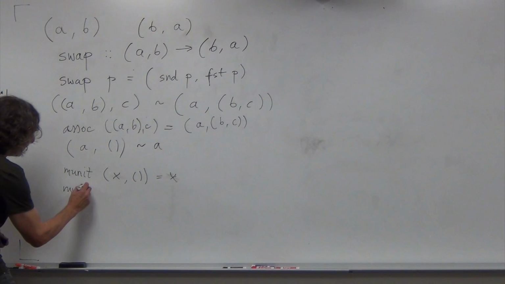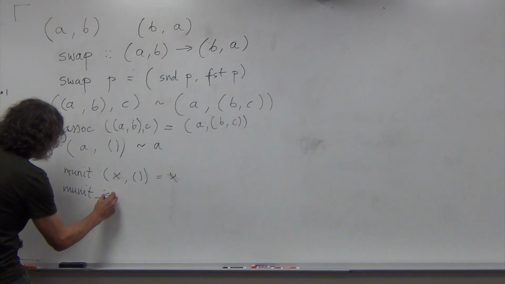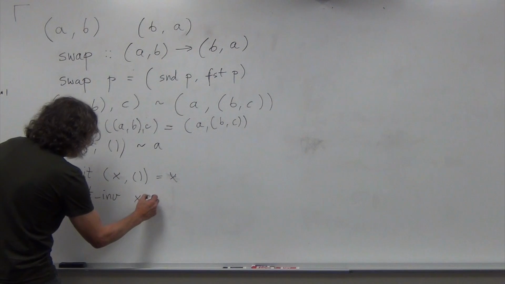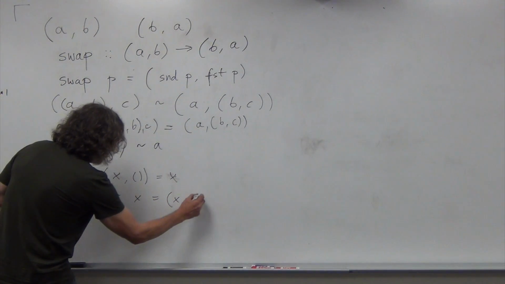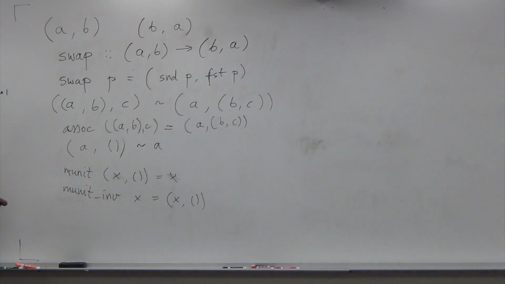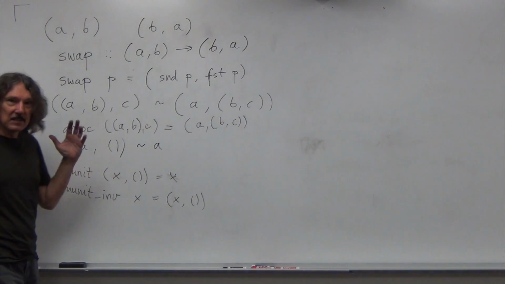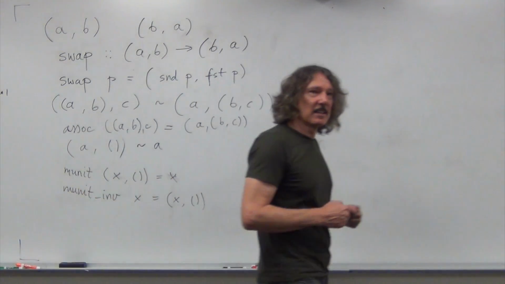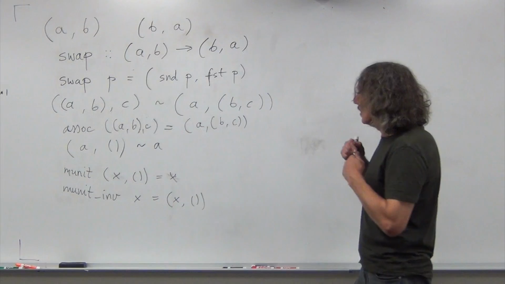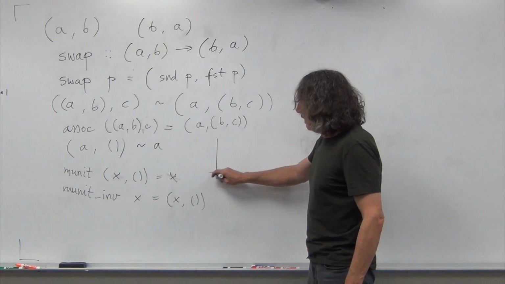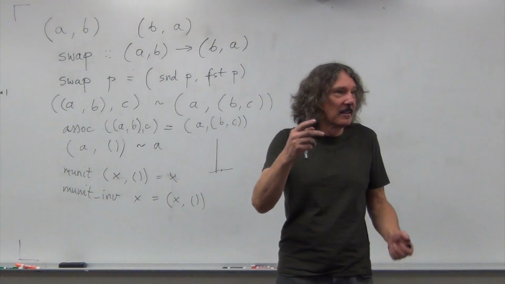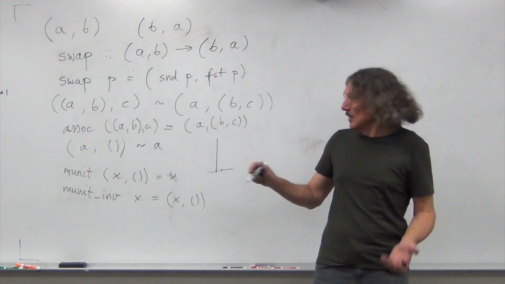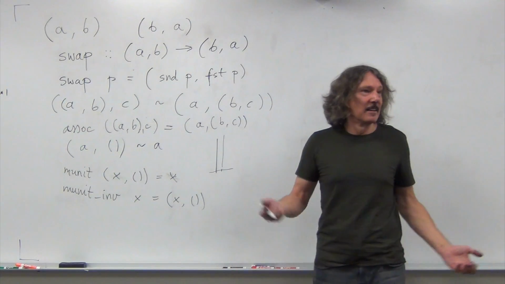M unit inverse takes an X and produces X, comma unit. Right? And this is an inverse of each other. So these two types are isomorphic. This is like taking a Cartesian product of a line with just a single point, right? You get the line again.